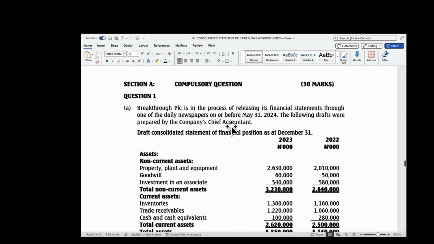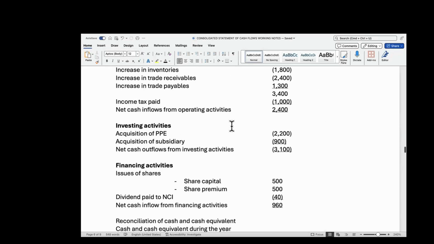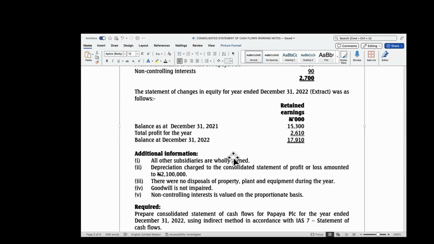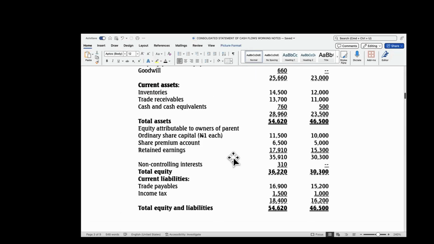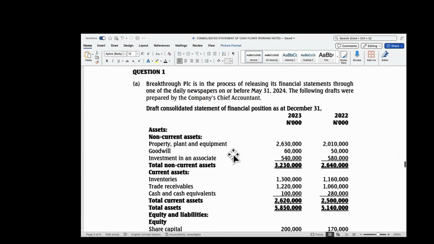So a point of note to the skills, guys. The one we solved is a skills question. Now the one we want to solve is a professional question.